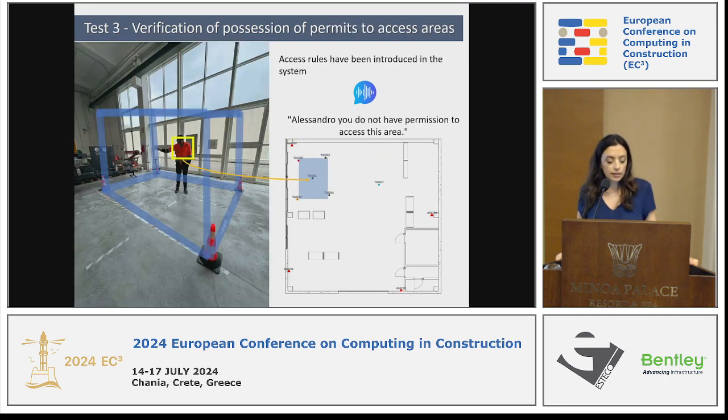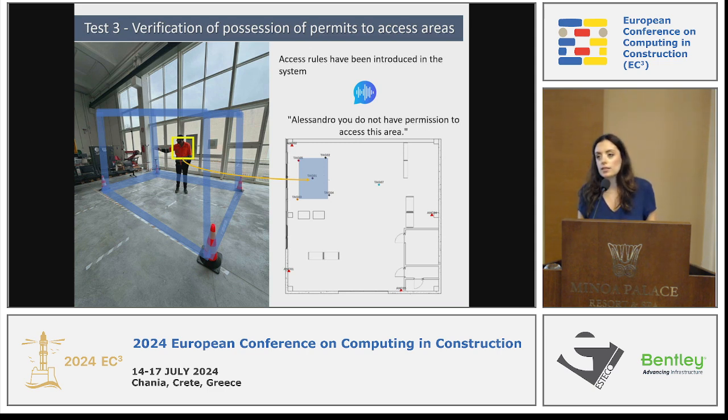The final test was the verification of possession of permits to access the area. In this case, the operator is always localized through the jacket, because the jacket has the UWB inside. And in this case, also the cones have the UWB inside. So they define the real space that has to match, of course, the space previously modeled in BIM.